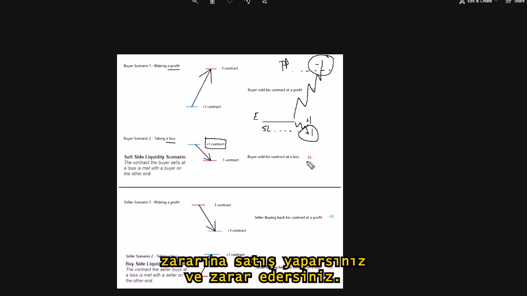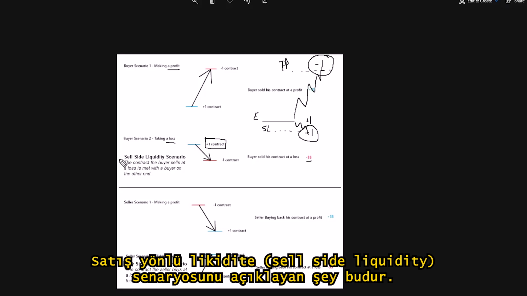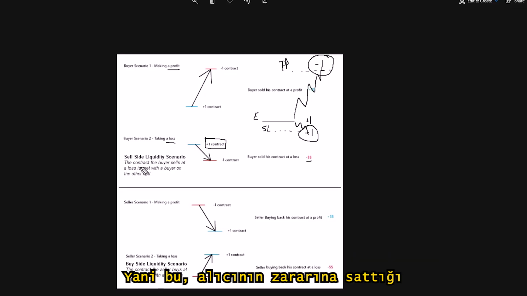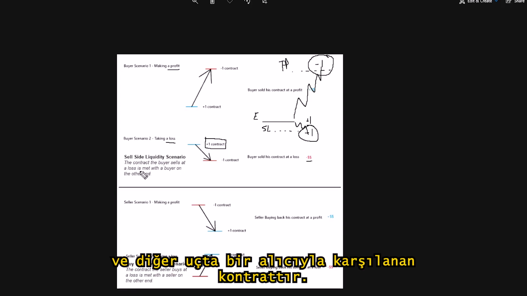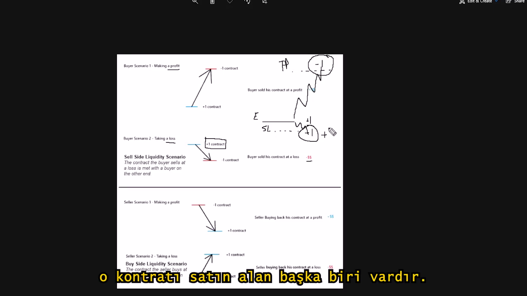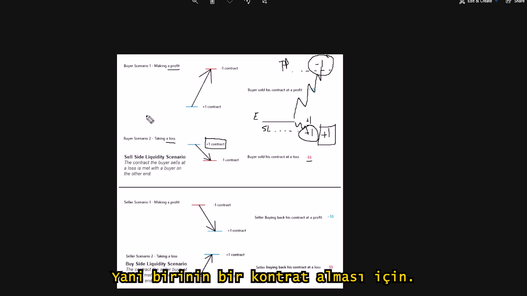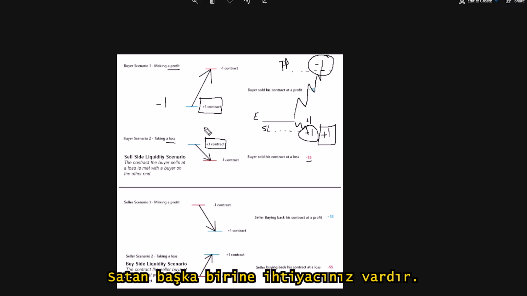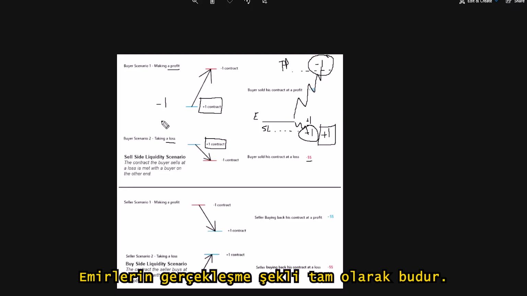This is what explains the sell side liquidity scenario. It's the contract that the buyer sells at a loss, which is met with a buyer on the other end. If you're selling at a loss, there's someone else buying that contract. For someone to buy a contract, you need someone else selling. It's just how orders are being fulfilled.